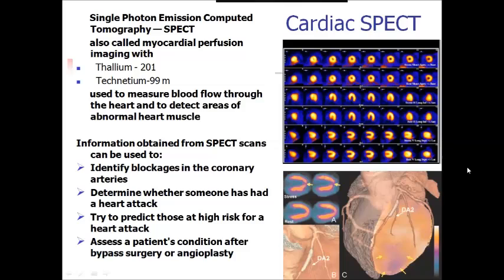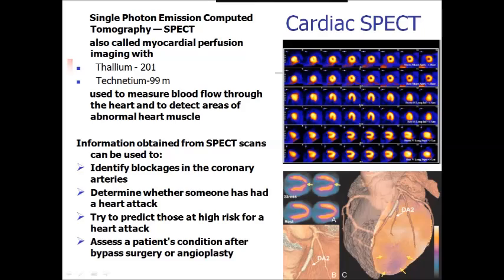Nuclear medicine in cardiology: single photon emission computed tomography, also called myocardial perfusion imaging with thallium or technetium, is used to measure blood flow through the heart and to detect areas of abnormal heart muscle.